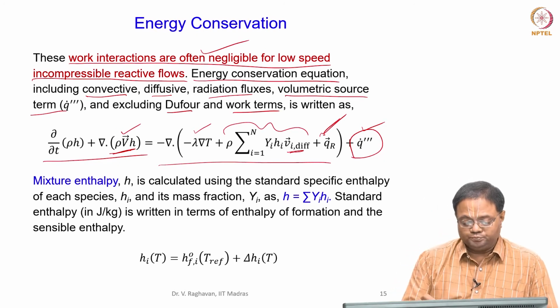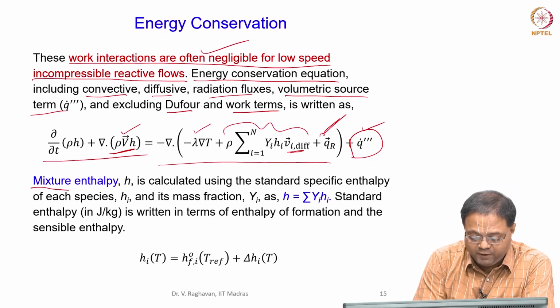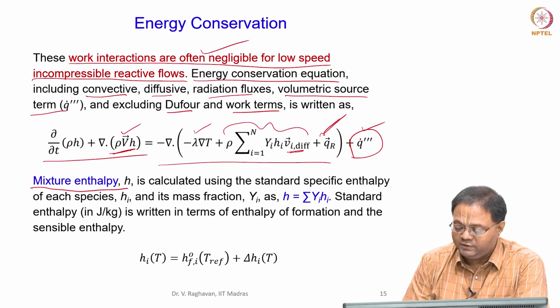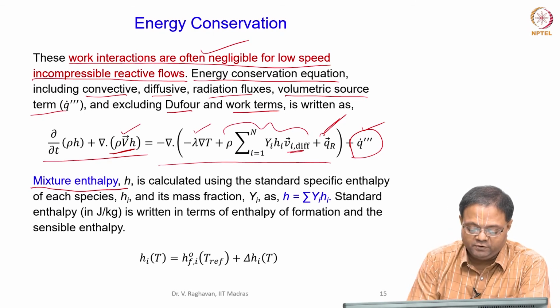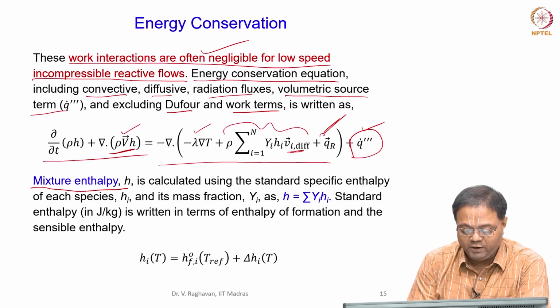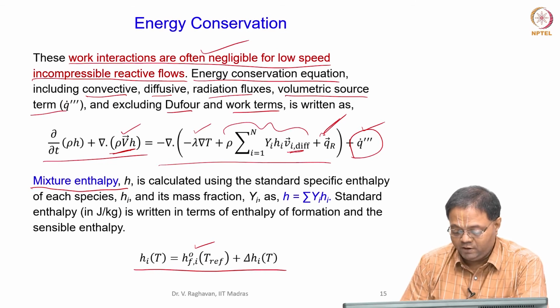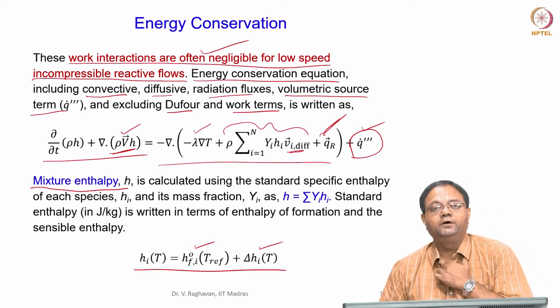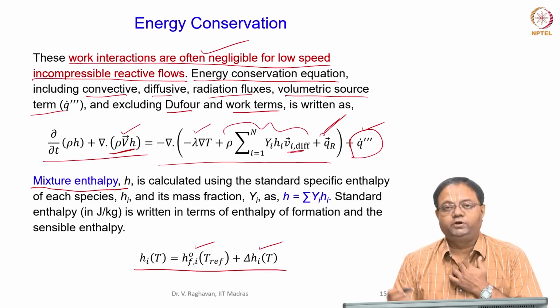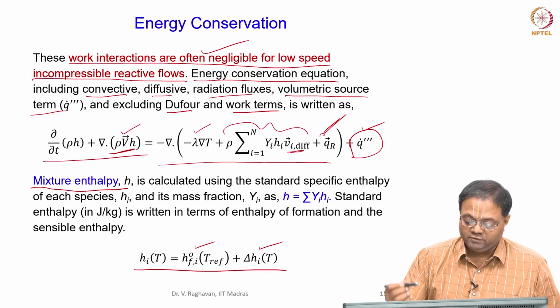Okay. So the mixture enthalpy H is calculated using the standard specific enthalpy of species Hi, or absolute enthalpy. For example, Hi at any temperature T will be the heat of formation at the reference temperature of 298 Kelvin plus the sensible enthalpy, which will take the temperature from Tref to T. So that is the energy added due to that increase in temperature.